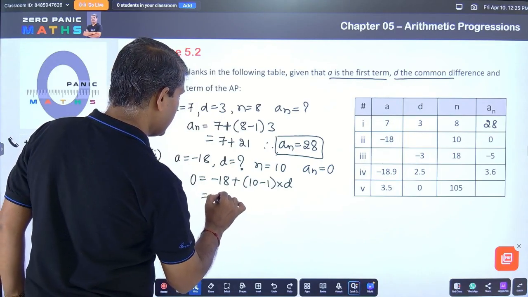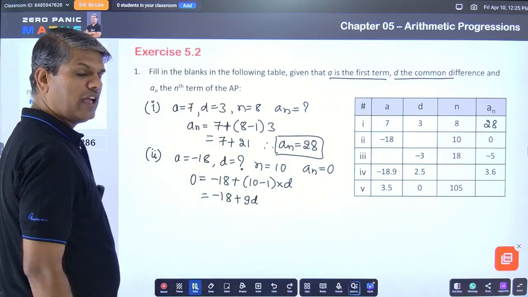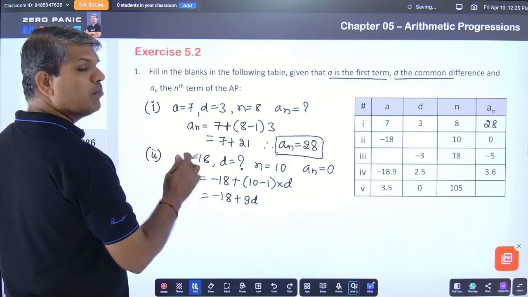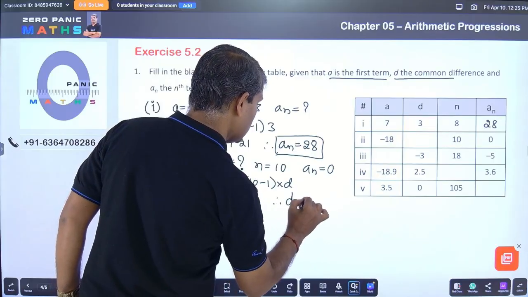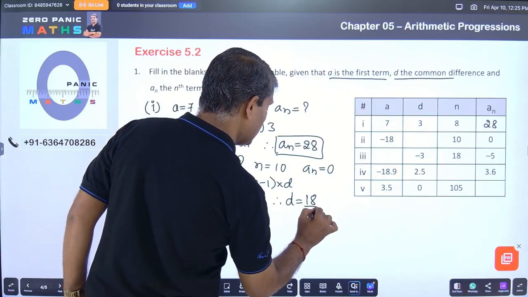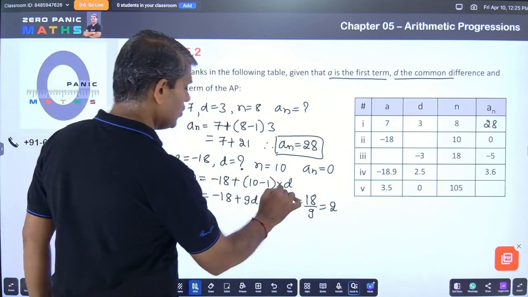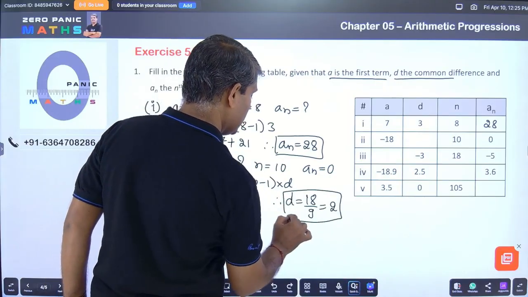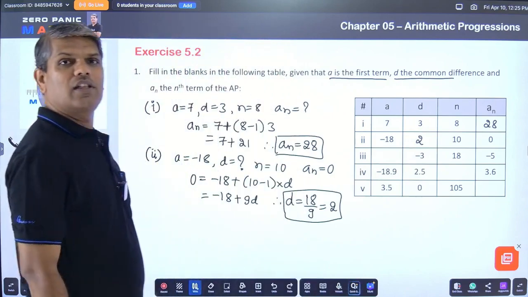It is minus 18 plus 9d. Therefore 9d is equal to plus 18. Therefore d is equal to 18 divided by 9, which is equal to 2. That is the solution for the second: d is equal to 2.